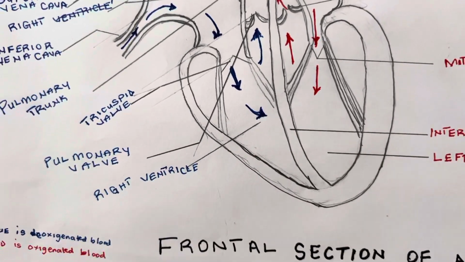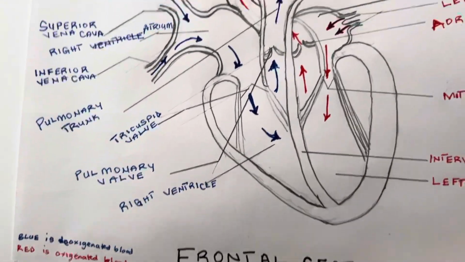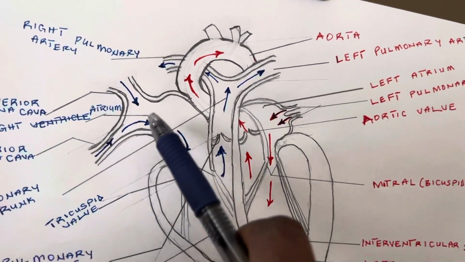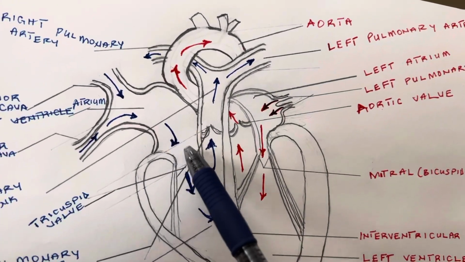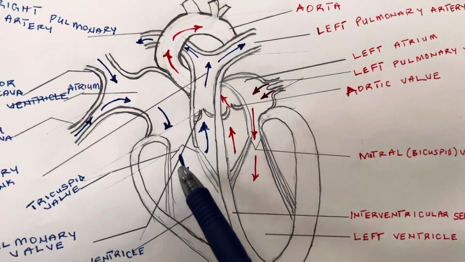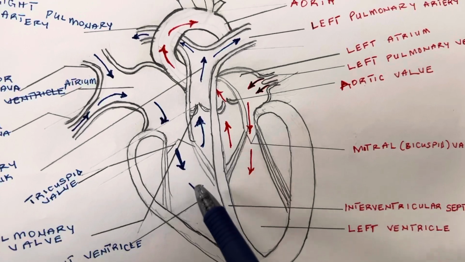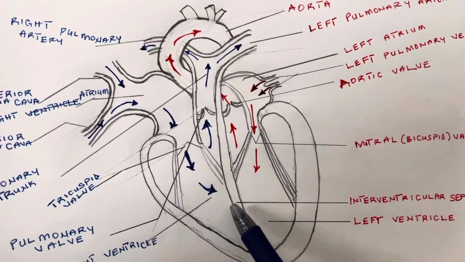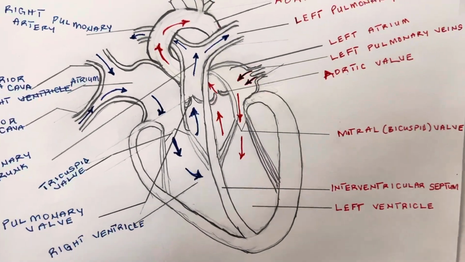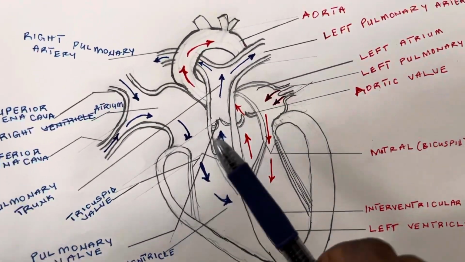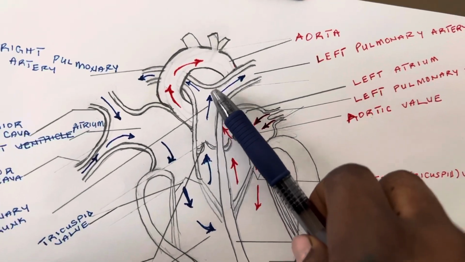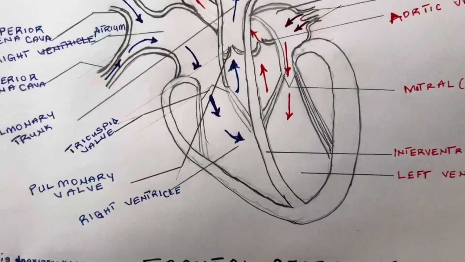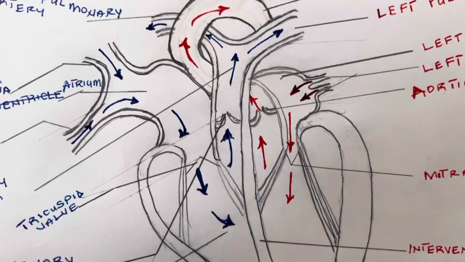So this is my right ventricle. So the blood comes this way from the superior and inferior vena cava into the right atrium, passes through the tricuspid valve, and then comes into the right ventricle here, and then it goes through the pulmonary trunk, through the pulmonary valve.